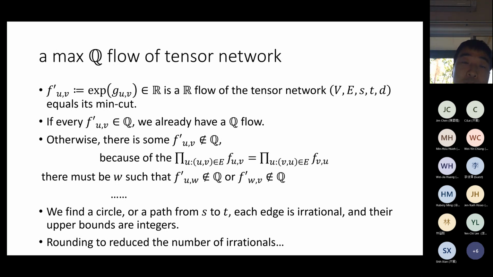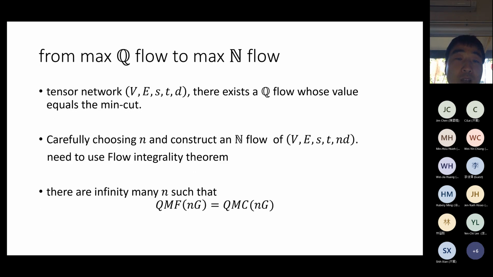So by repeating this many times, we get an integer, not integer, but a rational flow. Using this, we get a rational flow, and from the maximum rational flow, you know that the rational flow with maximum is the maximum flow, so it equals the min cut.